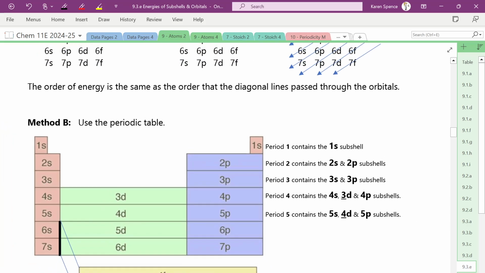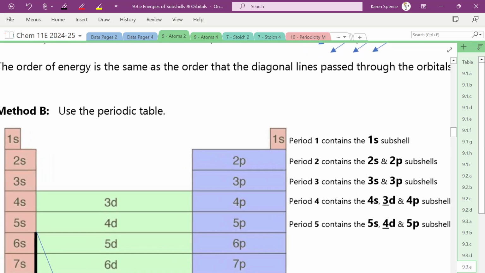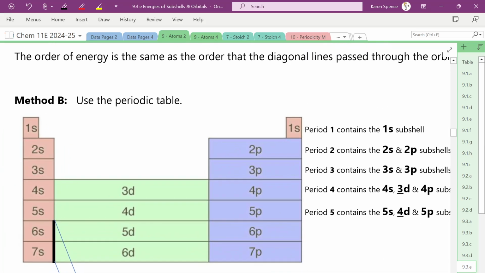So if I look at period 1, when I'm in period 1, hydrogen has 1 electron in its 1s subshell, and helium has 2 electrons in its 1s subshell, and then the 1s subshell is full.